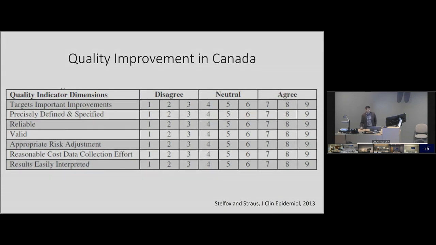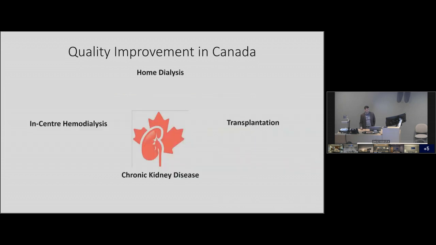And we evaluated them looking at the AHRQ and the ACP criteria for how you evaluate an indicator. And that's a modified version of this table where we look for a performance gap, we look at how the indicator is defined and specified, we look at whether it's valid and reliable year after year, and then we also look at whether there is a conceptual model in place to actually improve that indicator. And what did we actually find?